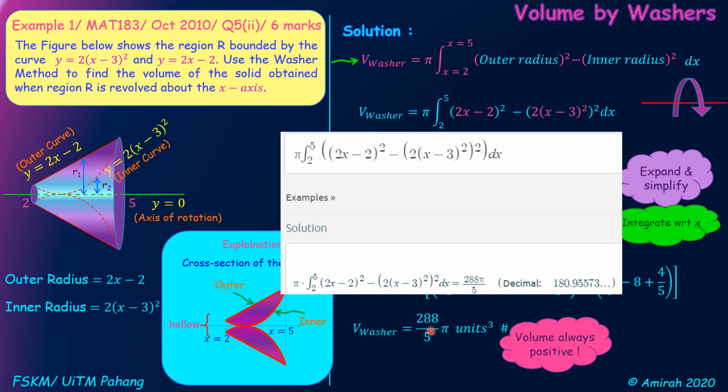From the final answer here, we can see that volume is a positive value, because volume is always positive. If we get a negative value for volume, we need to double check when we set up the formula, when we integrate, and when we replace the values of the upper limit and lower limit.